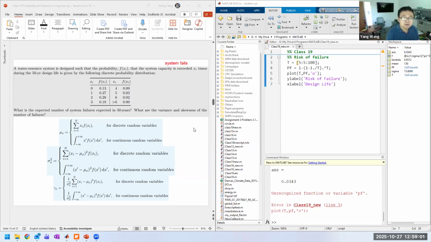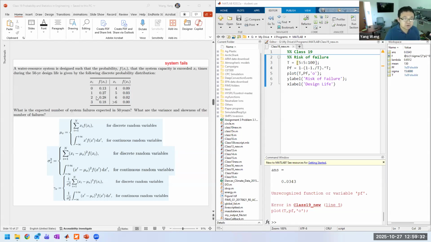Since we're talking about an environmental or water resources system, some translation is needed. F(xi) is a probability associated with the system capacity being exceeded xi times. So basically this tells us that the system fails xi times. The system can fail 0 times, 1, 2, 3, 4, 5, 6 times over the 50-year design life.